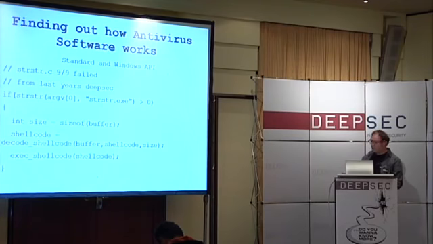And if this is not right, the payload isn't executed. So pretty straightforward, and I really like this example. Very simple. And here too, 9 of 9 products failed to recognize this file as malicious.